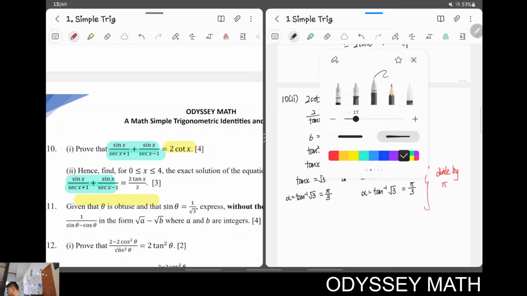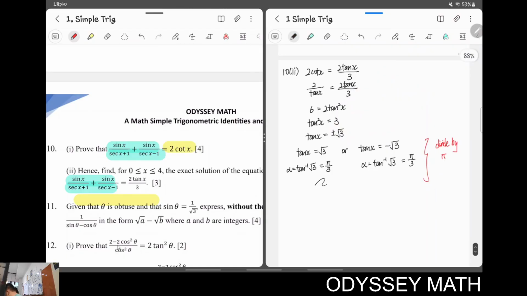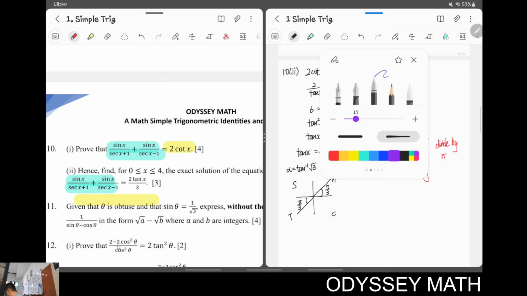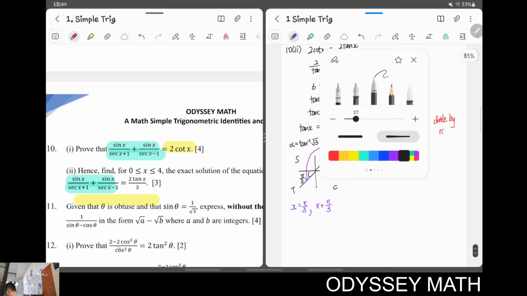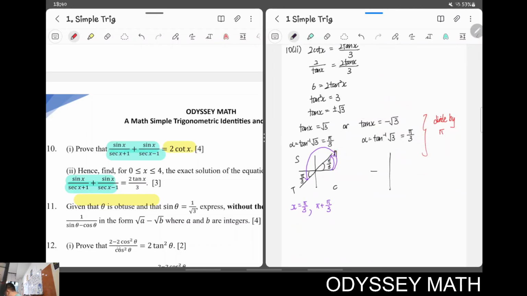So what we're going to do next is everything is in radian. So this is in the first and the third quadrant because tangent is positive. So we have pi over 3 here and pi over 3 here. So my answer here would be x equals pi over 3 and pi plus pi over 3. Okay, now the other one, tangent is negative.